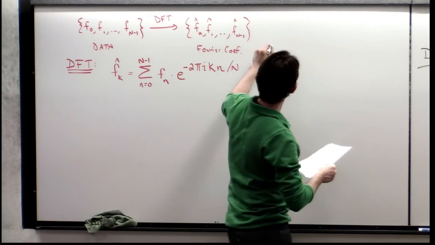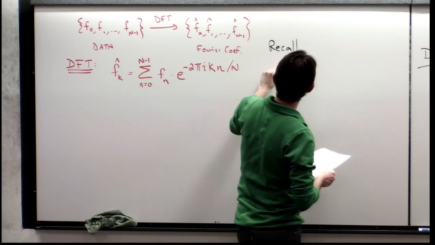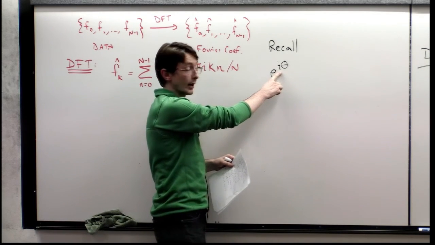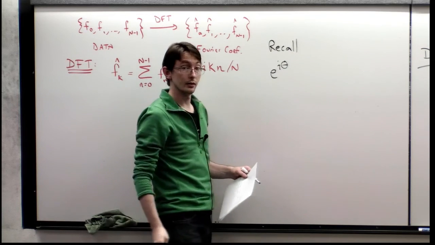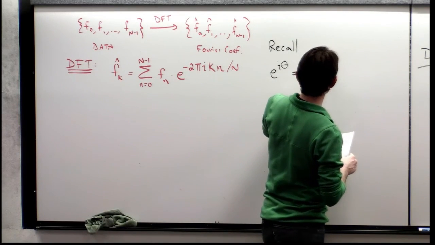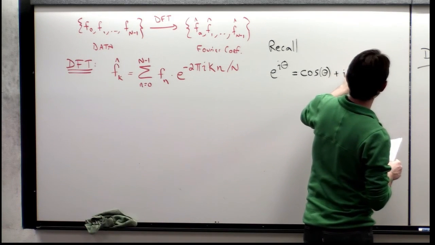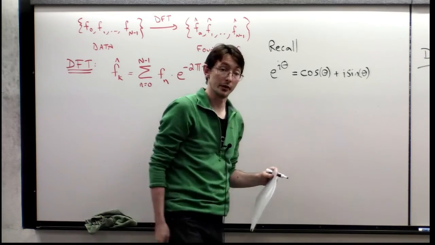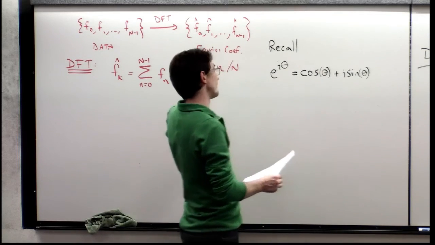So recall that e to the i theta, where i is a complex number, the square root of -1, e to the square root of -1 times theta, is equal to cosine of theta plus i times sine of theta. This is a very, very useful formula called Euler's formula.